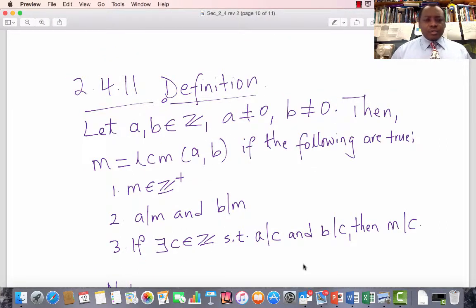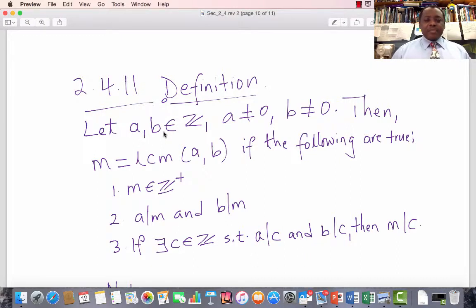Before we conclude this section, it is important to give you a formal definition of the LCM of two integers a and b. We have already given you the formal definition of the GCD of two integers, so it makes sense to do that also for the LCM.